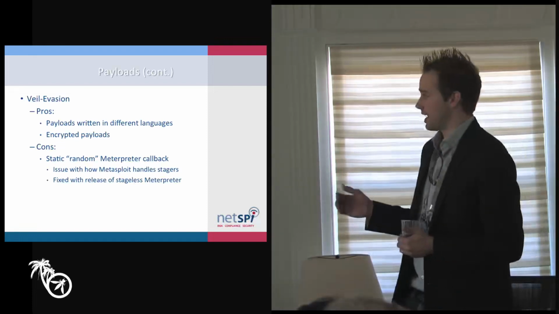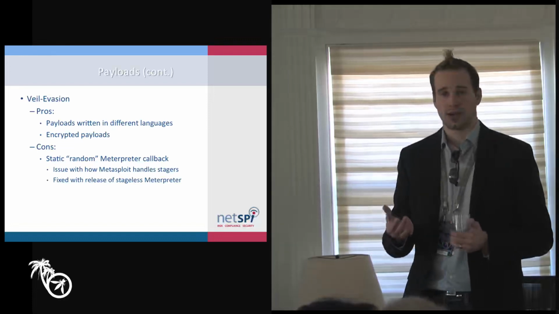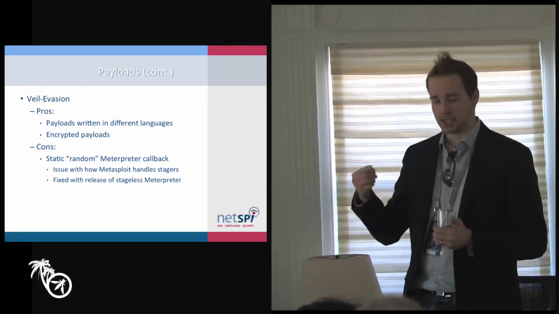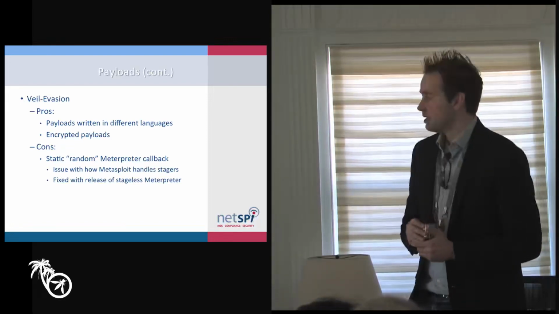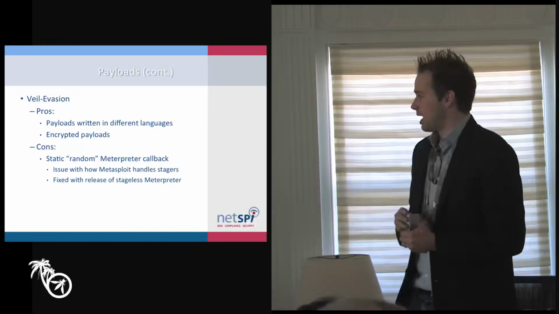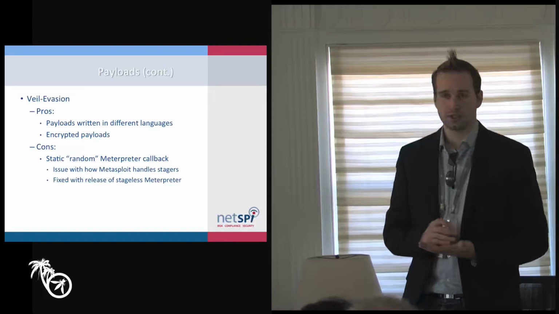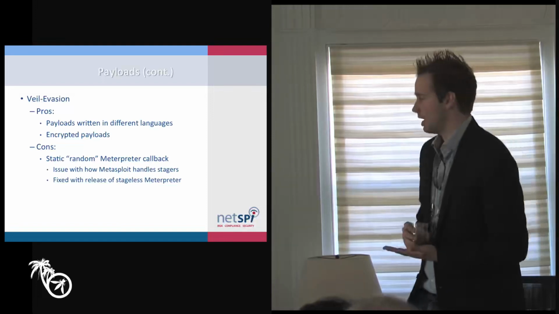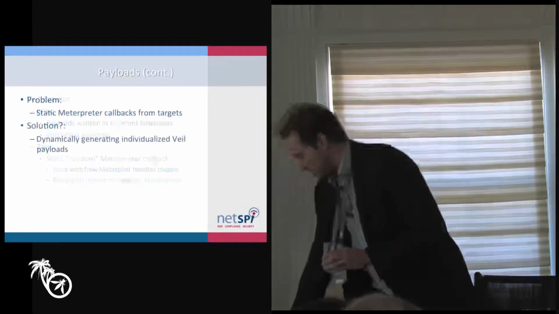What I found is that it would generate one unique identifier and continue to send that same identifier when trying to open shells on multiple boxes. This was actually fixed with a release of Stageless Interpreter, I believe back in September, in the Metasploit framework. So I decided to go with Veil.